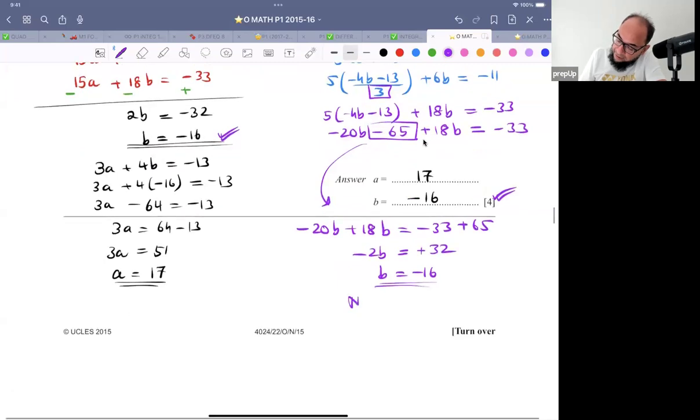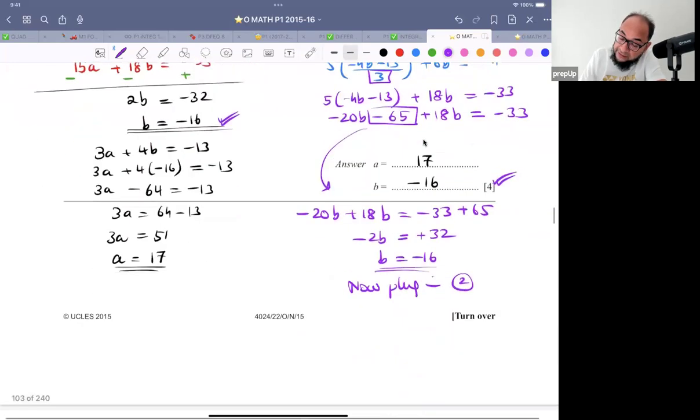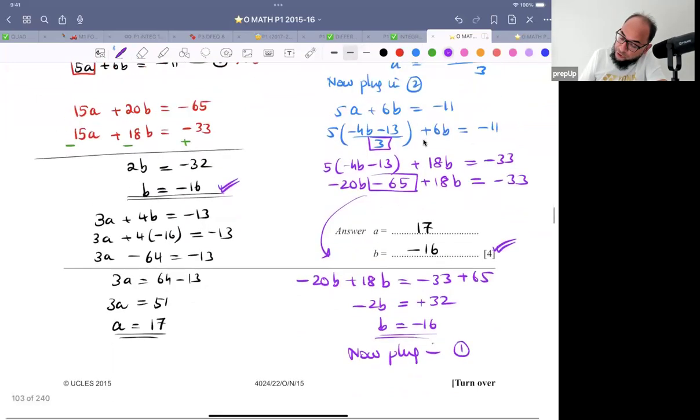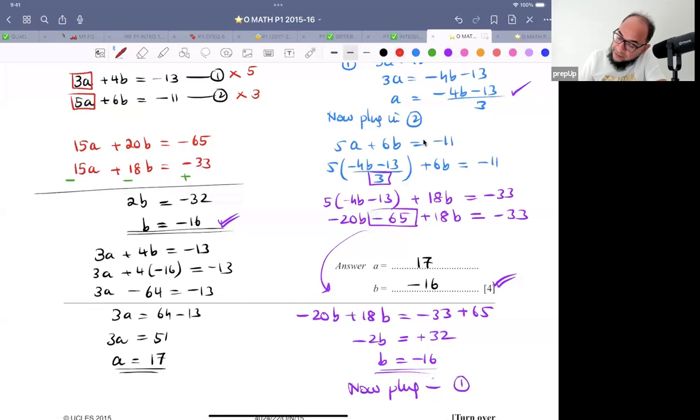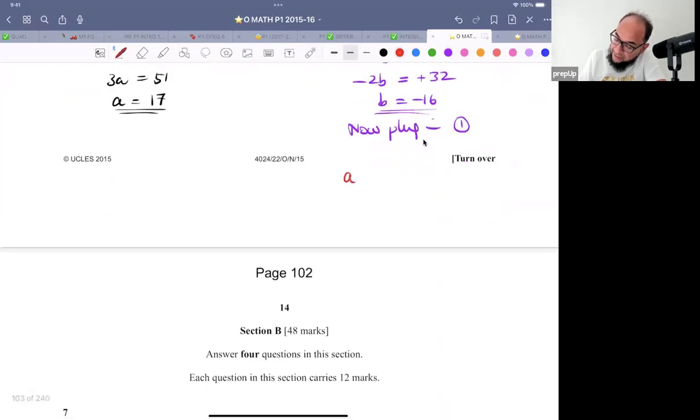And now plug in, let's say, equation 1, because you already made a the subject. Hold for a second. Let me grab my eraser. So a is negative 4b minus 13 divided by 3. A is negative 4b plus 13 divided by 3. I've taken negative common out.